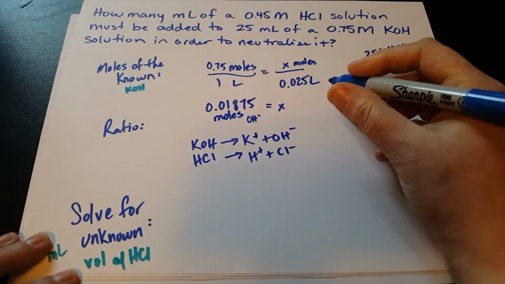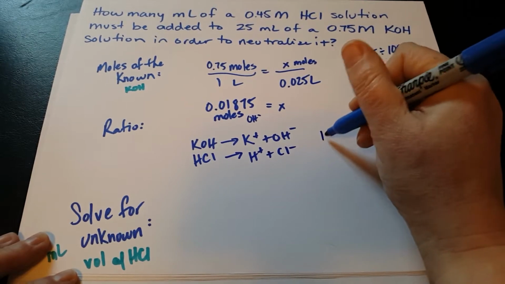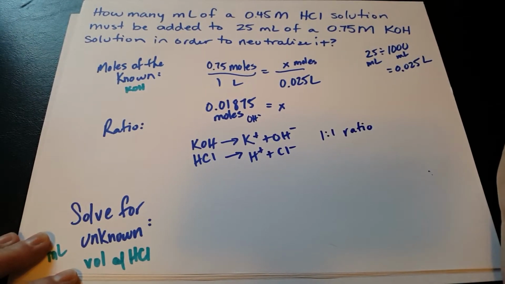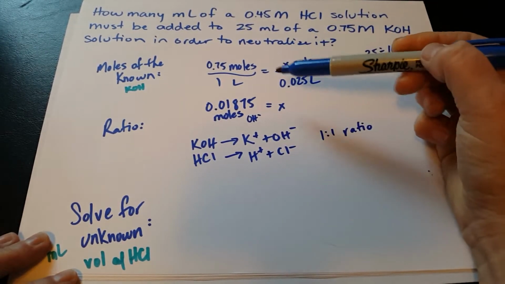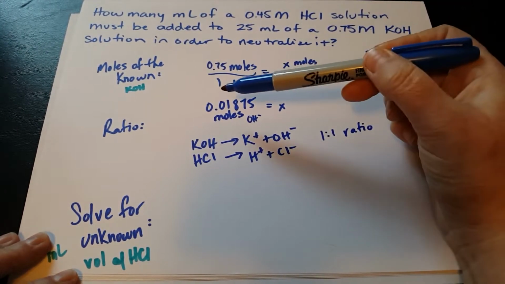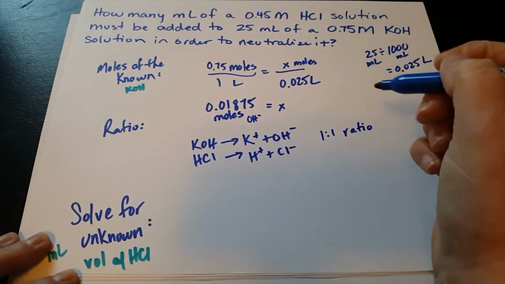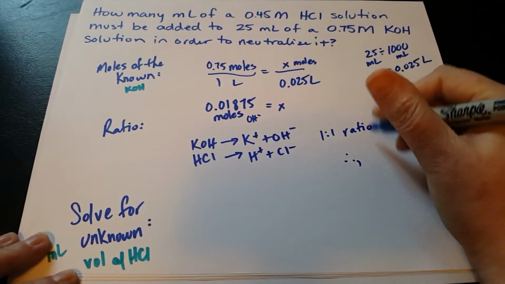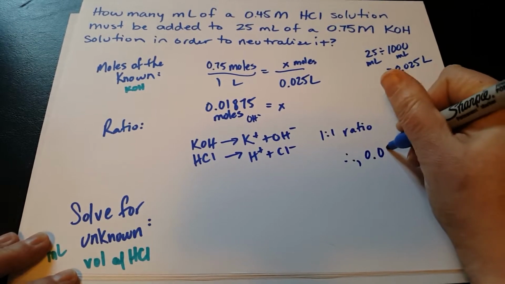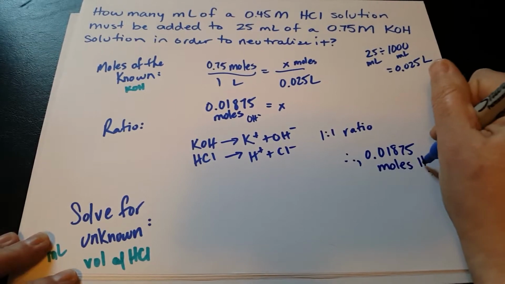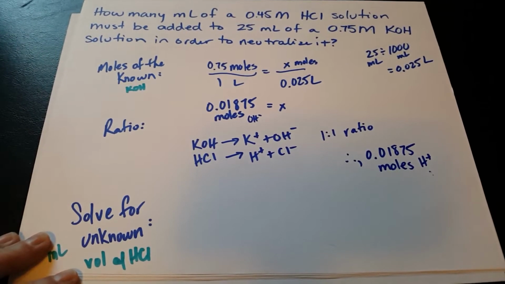So the OH to H ratio will be 1-to-1. And so if we know that at the point of neutralization, there's 0.01875 moles of OH, we could safely say, therefore, there's 0.01875 moles of the hydrogen ion as well.